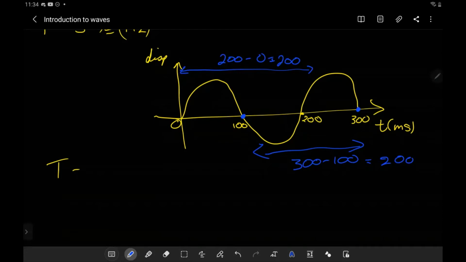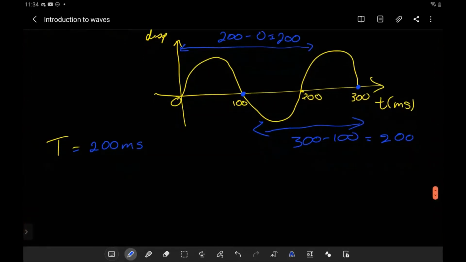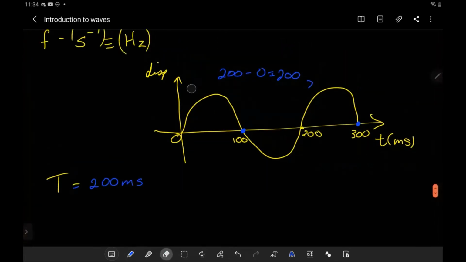Now we got that the period is 200 milliseconds. But we don't want it in milliseconds. We want it in seconds, right? So how do I convert milliseconds to seconds? You have to divide by 1,000.